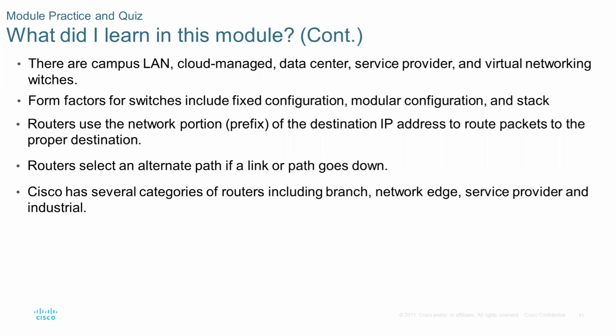The main one being the overall bandwidth that they can support. So the amount of traffic they can support. A branch cannot handle the traffic that a service provider will need, for example. It just can't handle the throughput.